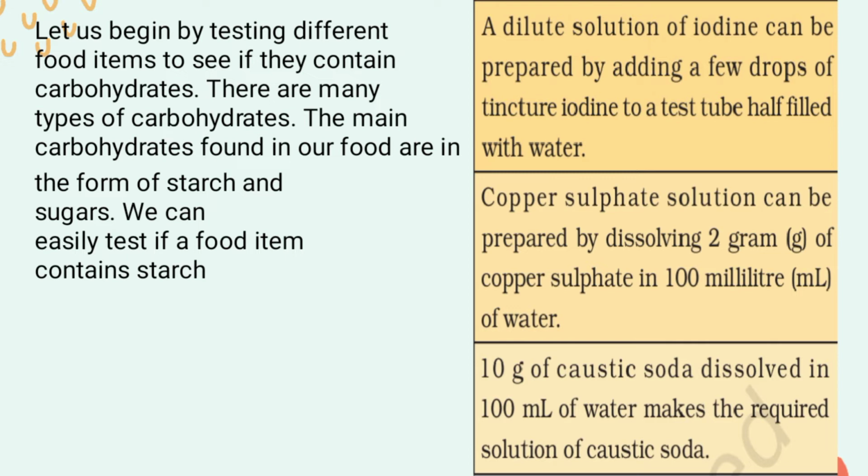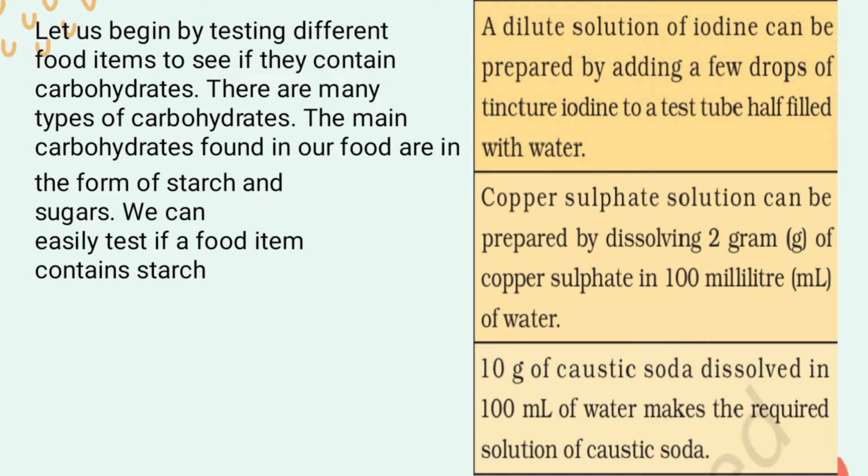A copper sulfate solution can be prepared by dissolving 2 grams of copper sulfate in 100 ml of water. I am telling you what solutions are needed. You prepare them first and keep them aside, and then we can do the experiment. So to form a copper sulfate solution, we take 2 grams of copper sulfate in 100 ml of water.